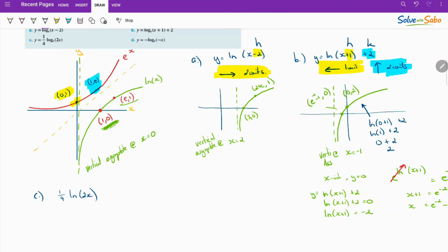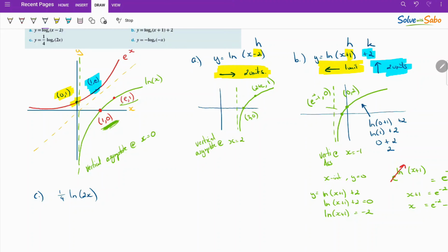Now one thing we can do is think about our asymptote first and then think about how much our graph is being squished or stretched. Now why do I say that? Well, an asymptote is only ever going to be dictated by the h value, how much the whole graph has been slid left or right. It absolutely does not matter what is happening here with this a and b value.